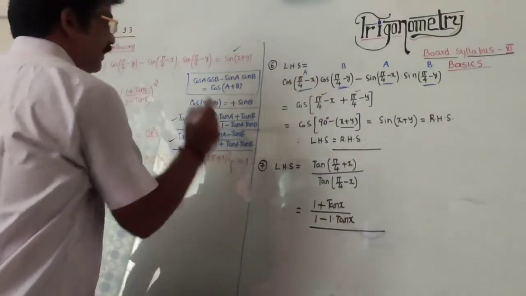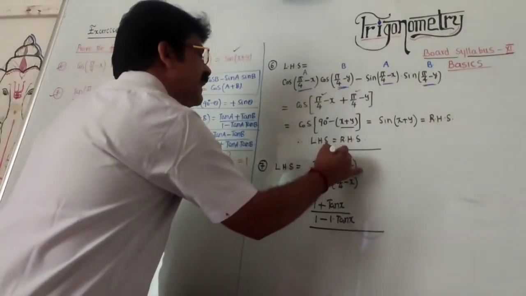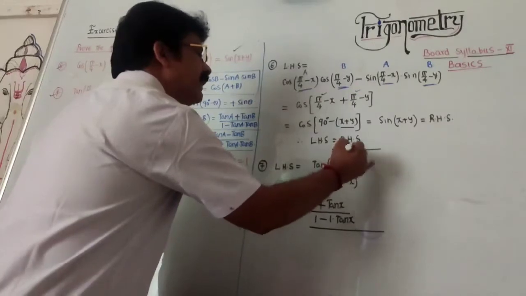Similarly, for the A - B formula, capital A is pi/4 and capital B is x.